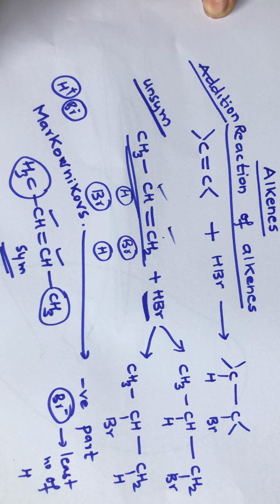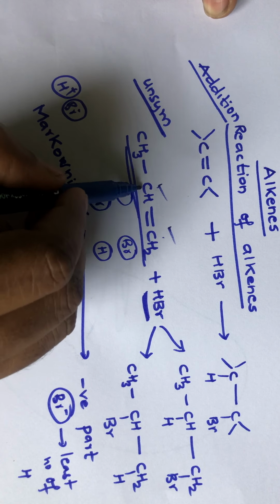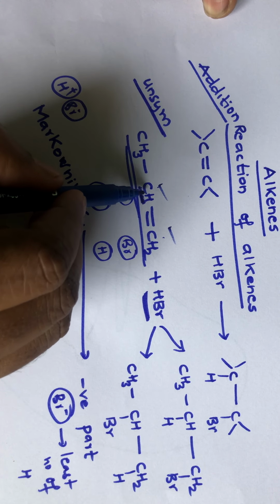Out of these two, which is the carbon containing the least number of hydrogens? This carbon has one hydrogen, this carbon has two hydrogens. So this is the carbon containing the least number of hydrogens, and the negative part attaches here.